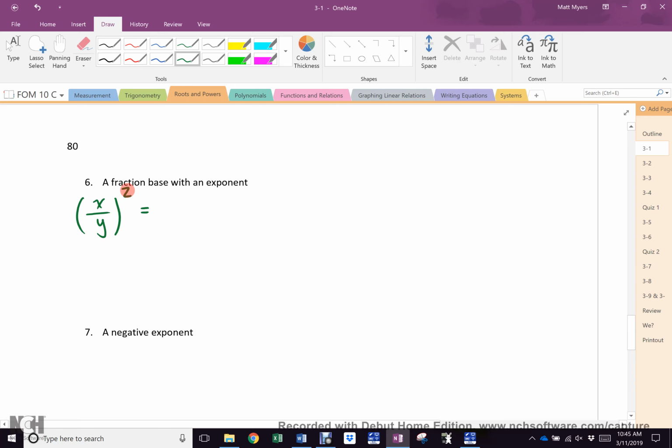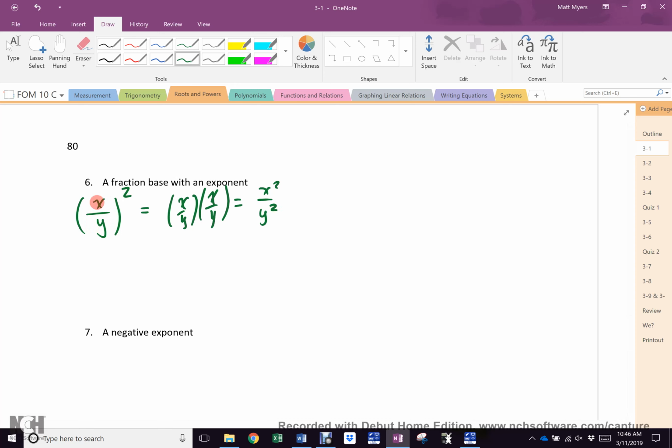What does that 2 mean for the base? It means there's going to be how many bases? 2. So it's going to be x over y times x over y, correct? Which is x squared over y squared. Exactly like multiply. The exponent goes everywhere inside the base.